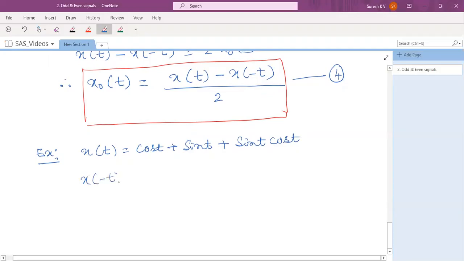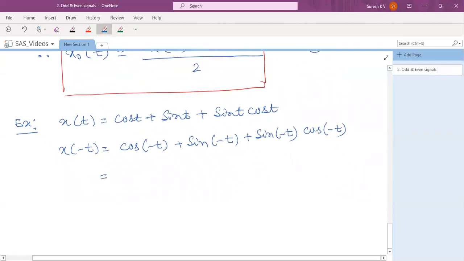So let me just replace t by minus t. So cos of minus t plus sine of minus t plus sine of minus t into cos of minus t. So as you know, cos of minus theta is cos theta, so this is cos t. Sine of minus theta is minus of sine theta, so this is minus sine t minus sine t cos t.